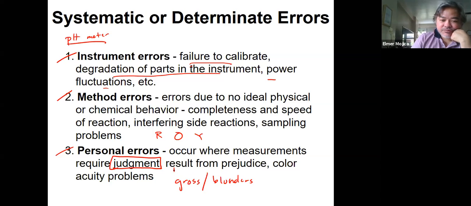And one error that can be a personal error is this one, biases. We can also have biases in science, in experiments, especially before you do the analysis, you already expect what the results will be. And the way you do it is you are focusing on getting that result, not awaiting what the real results will be.